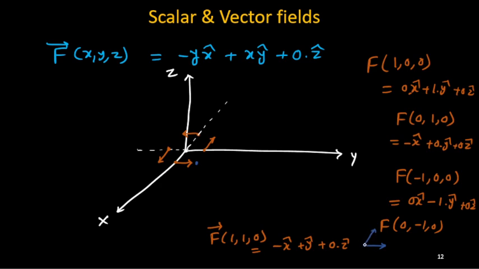So their addition will be in this direction. It will be directed like this. Similarly, at this point it will be directed like this, at this point like this, and at this point like this. So you can see one kind of rotation is happening here.